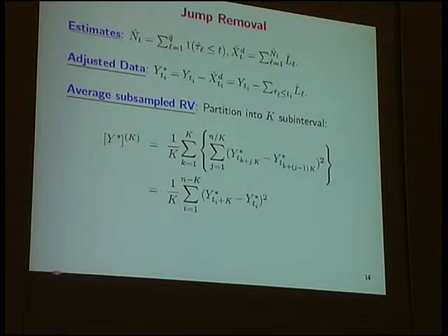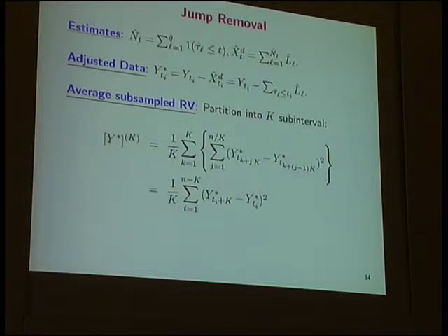So now, after subtracting the jumps out, I'm in the situation of Ait-Sahalia, Jacod, and Li, so there's no jump in my process. Therefore, I could define the average subsampling realized volatility. That is again the same as what we said before.